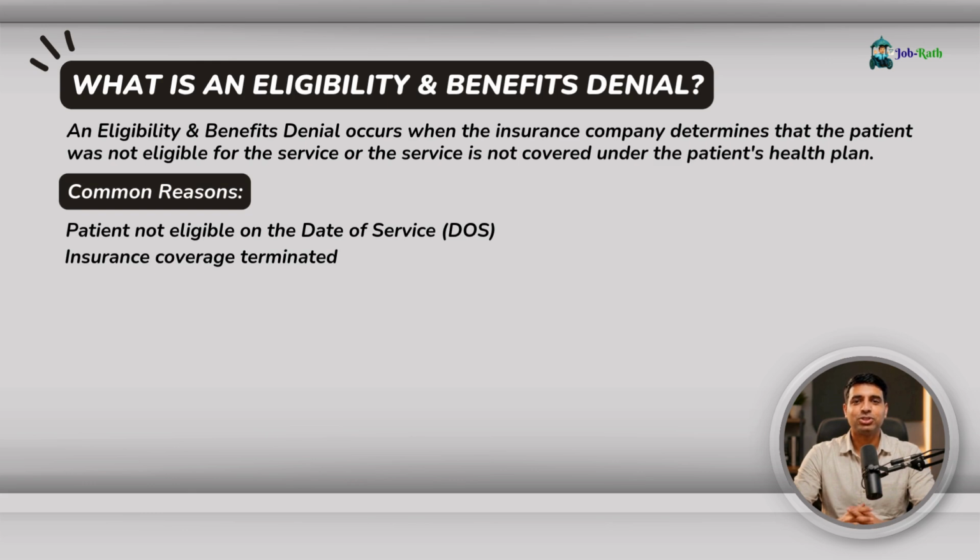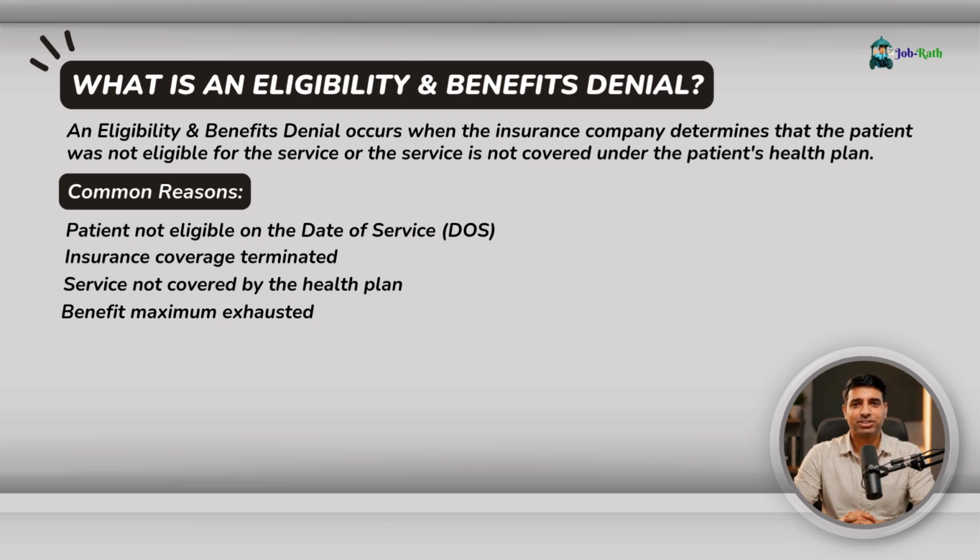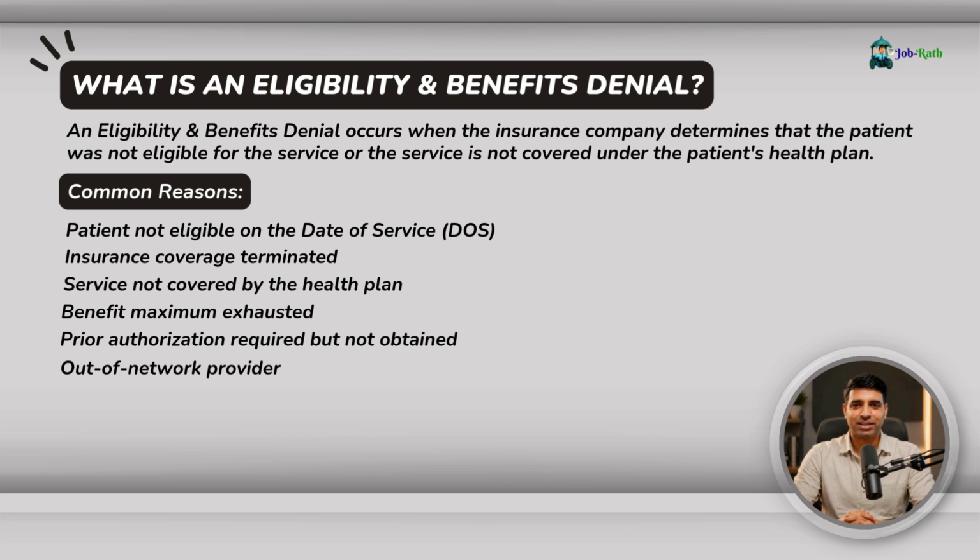The patient's insurance coverage had terminated before the date of service. The service is not covered under the patient's health plan. The patient has exhausted the benefit maximum for that service. The service requires prior authorization, but no authorization was obtained. The provider is out of network and the patient's plan does not cover out-of-network services.